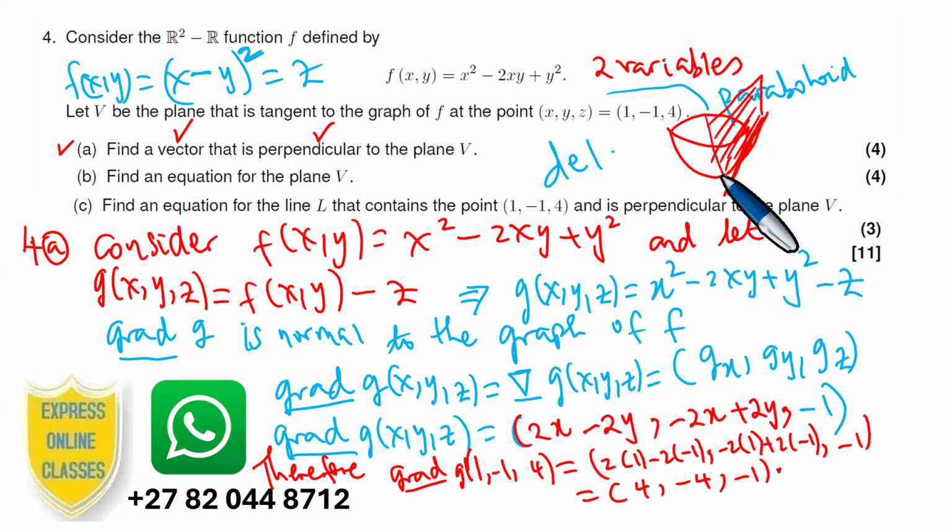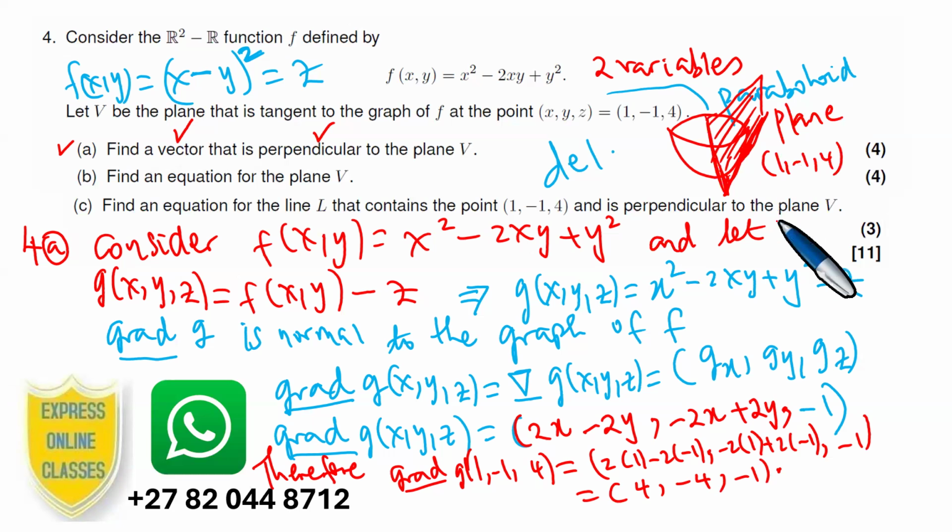This is the plane. A plane is a two-dimensional formation. It is tangent to the paraboloid and touches at one point, 1, minus 1, 4.